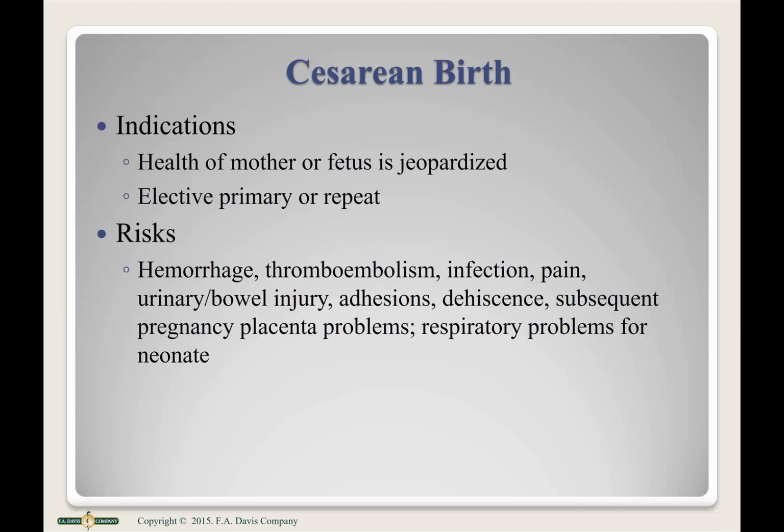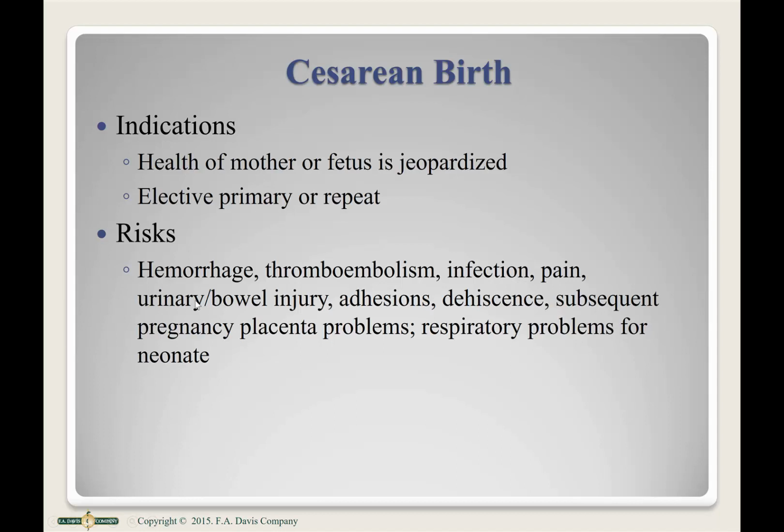What are the risks for a cesarean birth? Well, a risk for surgery is a hemorrhage. So that's a risk for surgery and a cesarean birth. A thromboembolism or blood clots, that's a risk of surgery, and that's a risk of a cesarean section. Infection, a risk of any kind of surgery, a risk for a cesarean section. Of course, pain.